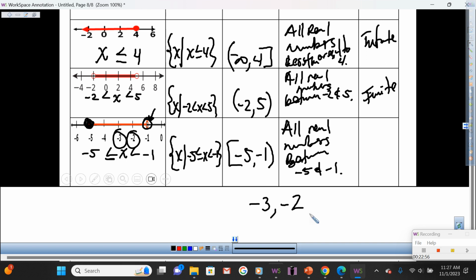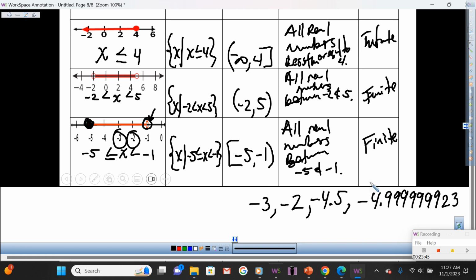Vianney. -4.5. Bam, let's go. How about -4.999999923? That's what it means, all real numbers, including all the decimals in between all those numbers, all right? And do you see any infinity signs here? No, that means this is what? Finite, all right?